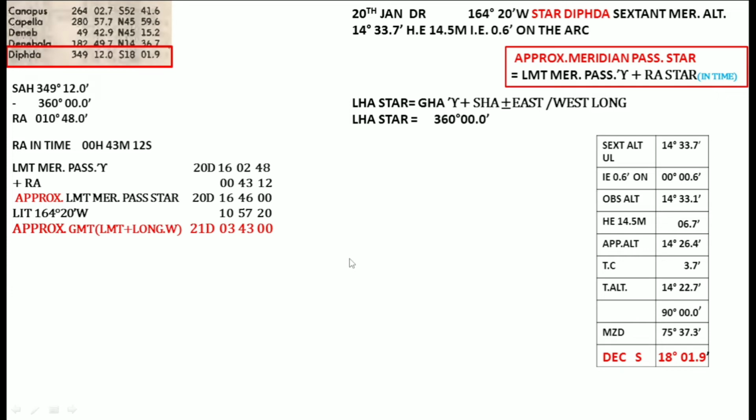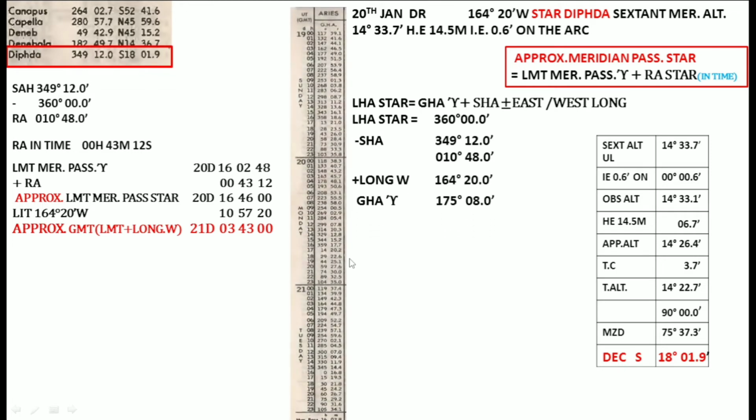But if the question is given to you, that means he is asking you to find out the exact time, so you'll go by 360. You'll find out the SHA that was given here, longitude, GHA Aries, and then on that day, now you can see here, GHA Aries, I have got it here.